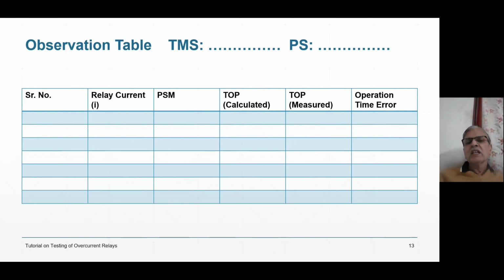There are two mathematically equivalent formulae. One formula for normal inverse is 0.14 upon log 10 PSM into TMS, or another standard formula is beta upon PSM raised to alpha minus 1, where alpha and beta have different values for normal inverse, very inverse, extremely inverse, and long time inverse.